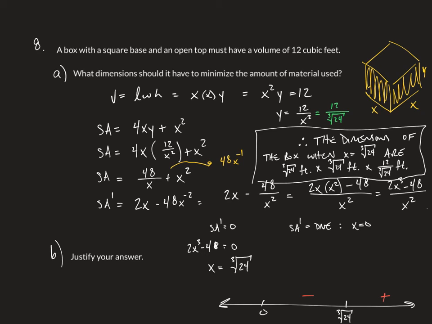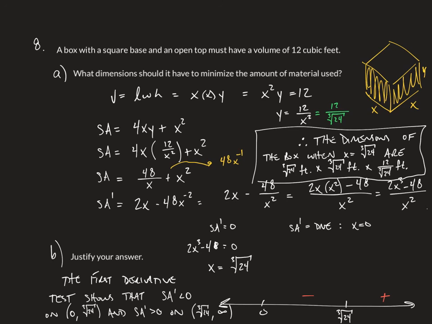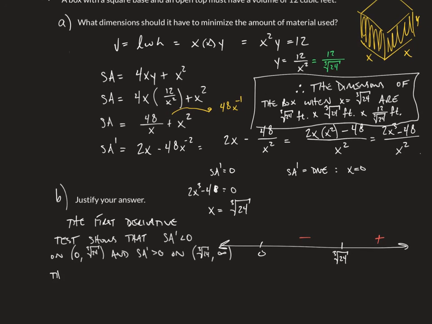And our justification is that the first derivative test shows us that the derivative of surface area is less than 0 on this interval, and the derivative of surface area is greater than 0 on this interval. So that indicates that x equals the cubed root of 24 is an absolute minimum.